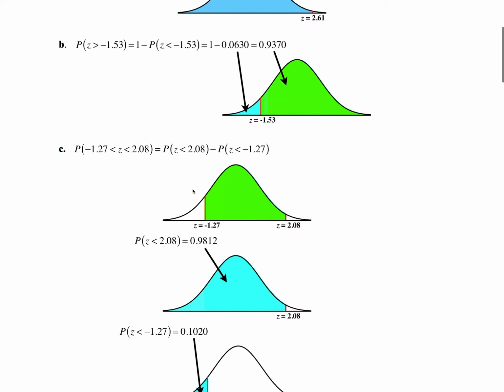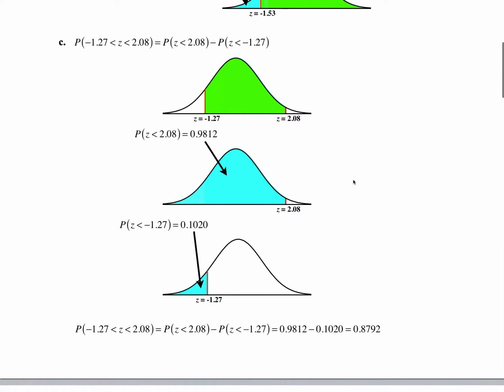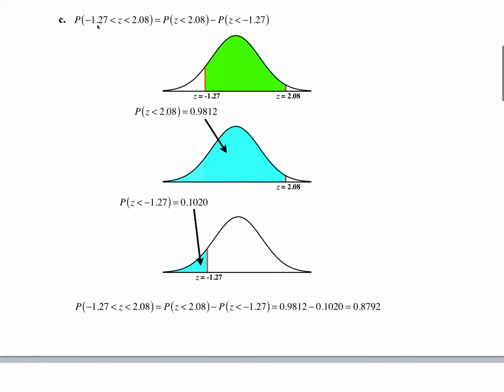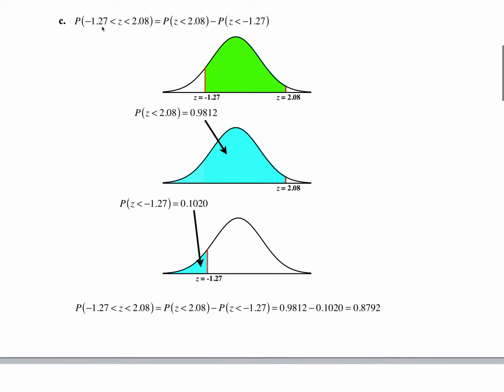Alright, and then the last part of that first question, part C, asks for the probability that z is between negative 1.27 and positive 2.08. So the probability that z is greater than negative 1.27 and less than 2.08.